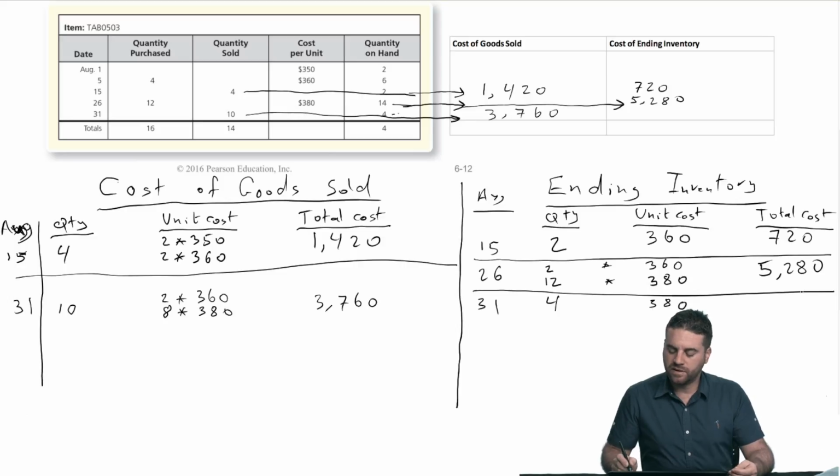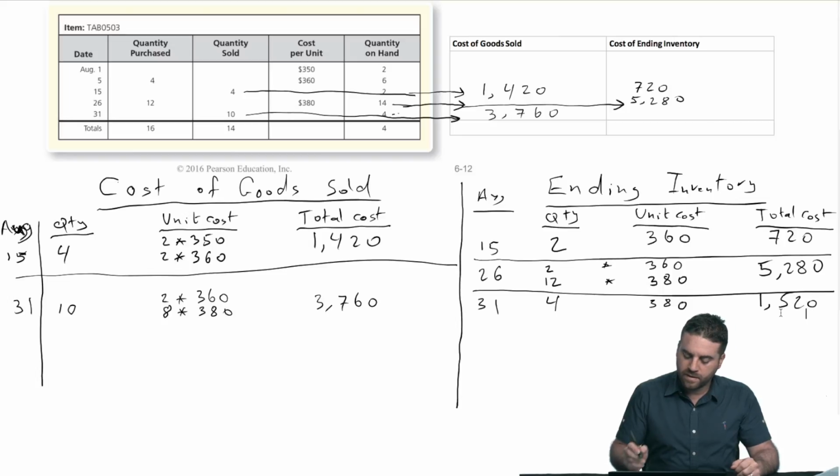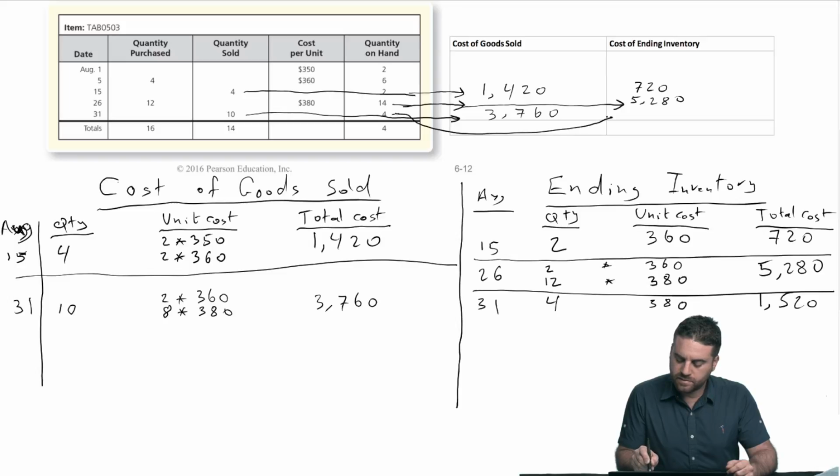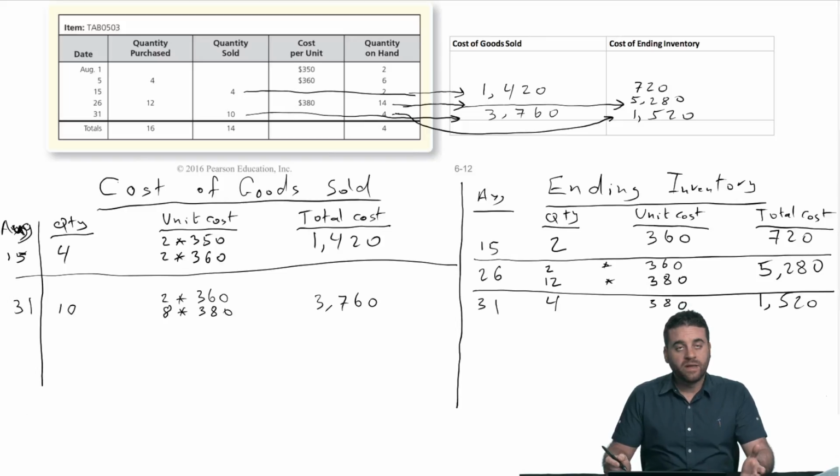So the cost of ending inventory, you multiply 380 by 4, and that would be 1,520. Okay, that's how we do the FIFO method.